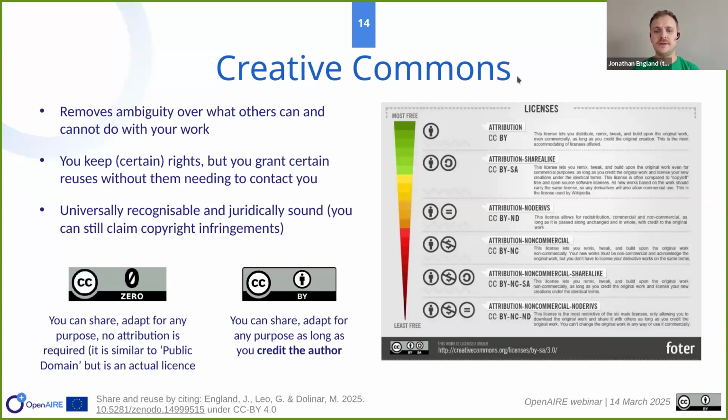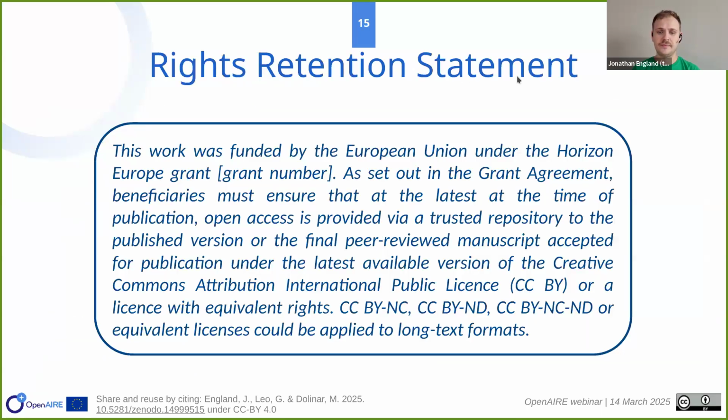This is for reference, but Creative Commons is to remove ambiguity. It is a license, it's a legal framework. It basically tells people what they can and cannot do with your work.